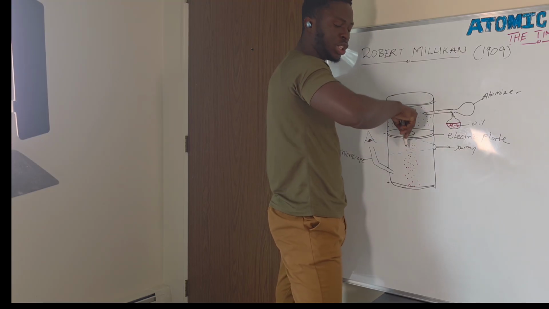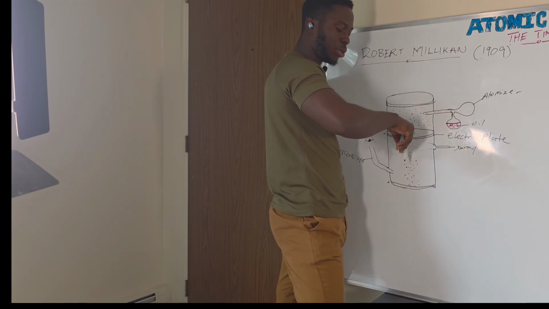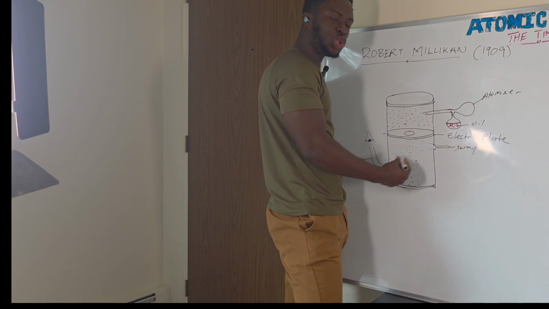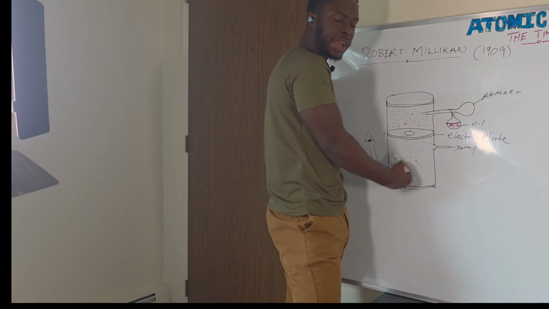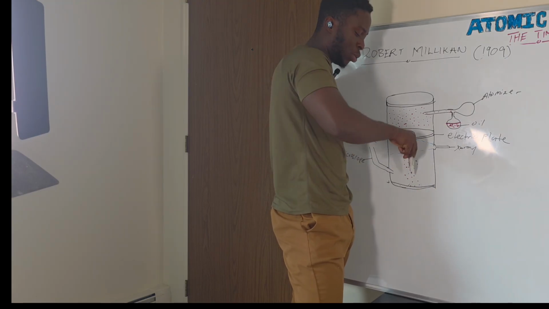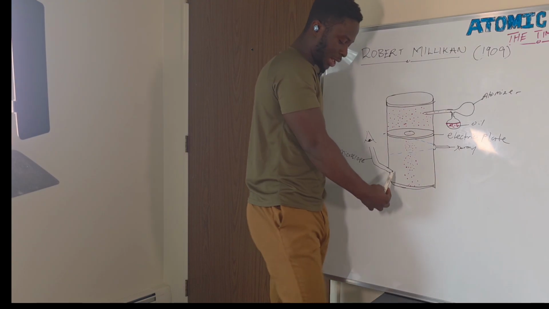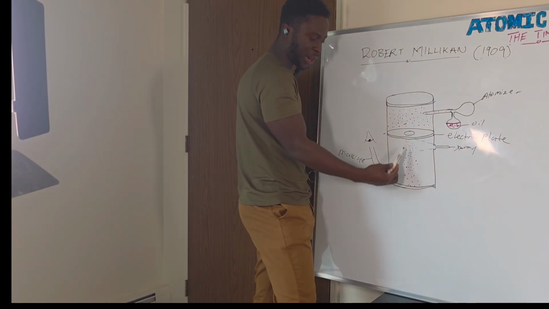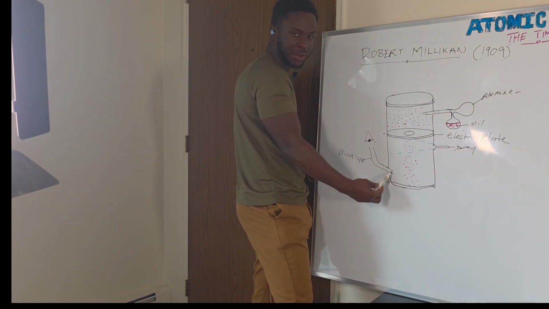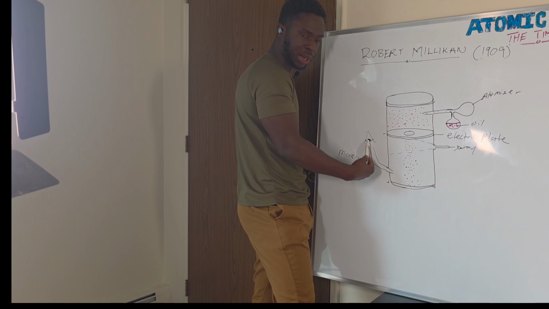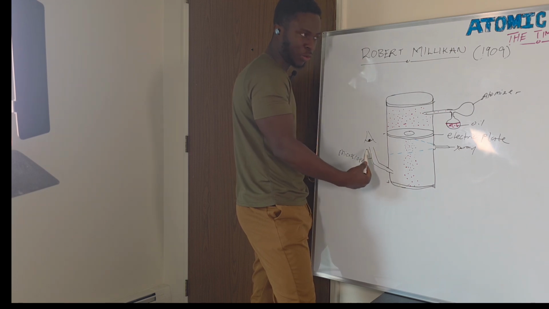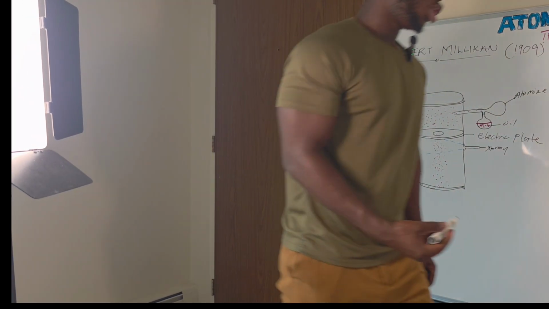It goes into the electric plate, and if the charge needs to be altered, it gets hit by an X-ray and it will fall down. And the oil droplets, whatever is here, could be observed with a microscope that was mounted over here.